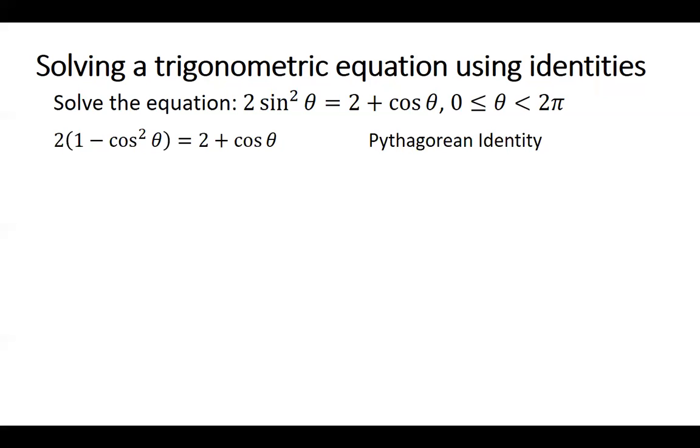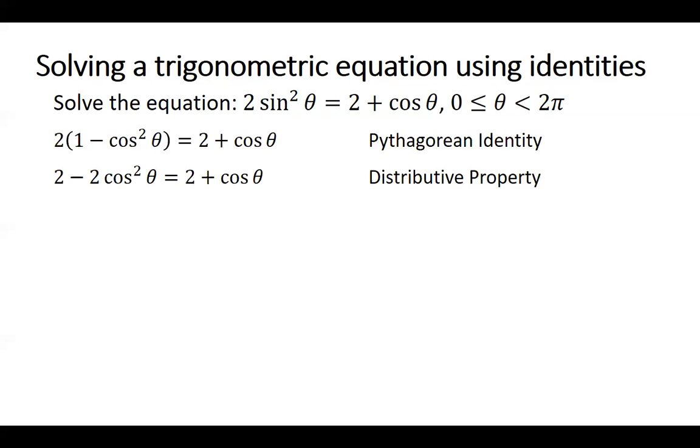So all I did was solve our standard trigonometric Pythagorean identity for sine squared theta and got 1 minus cosine squared theta. So now I have 2 times the quantity 1 minus cosine squared theta is equal to 2 plus cosine theta.